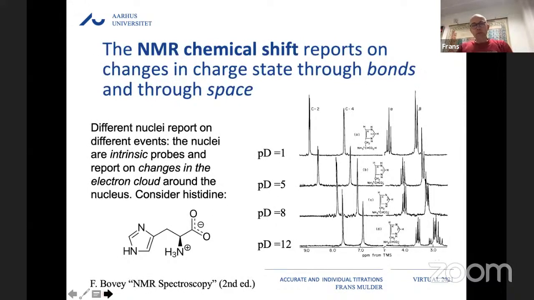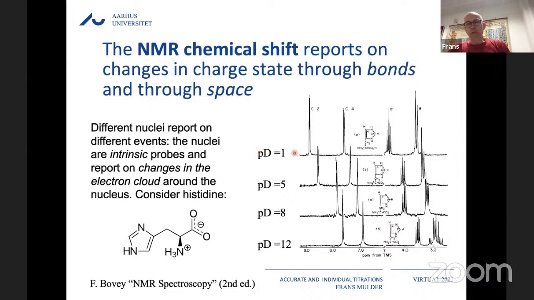So here's an example of what happens when you have a small molecule that has a number of titratable groups. You see in the lower corner here the structure of the amino acid histidine. It contains 3 titrating groups: the amino group, the carboxylate group, and the side chain. And of course, at very low pH, or in this case pD, because the experiments were done in D2O, all these groups are protonated, and we get an NMR spectrum.